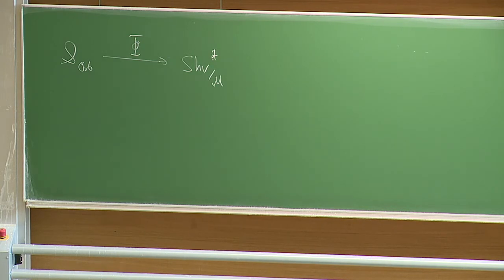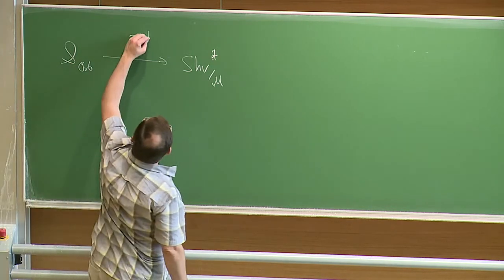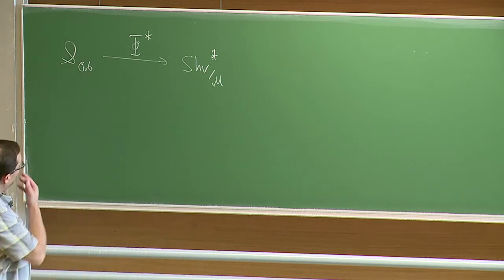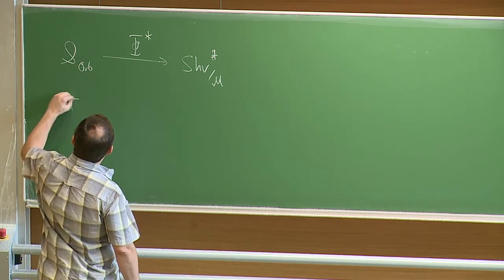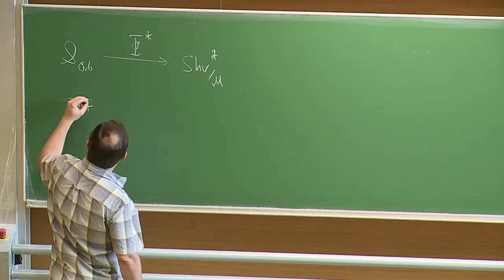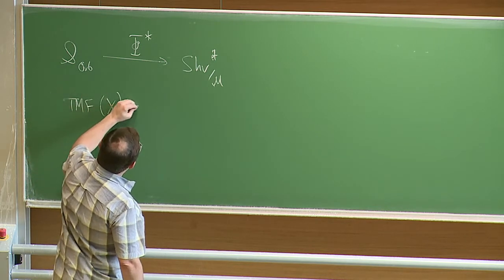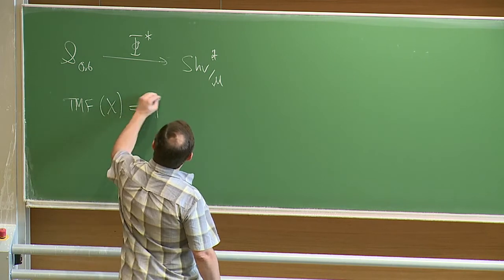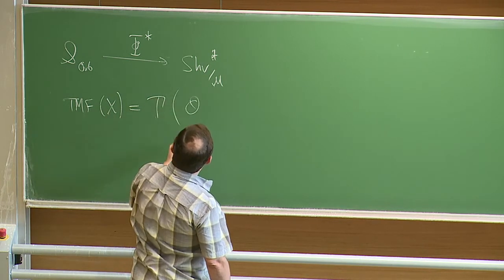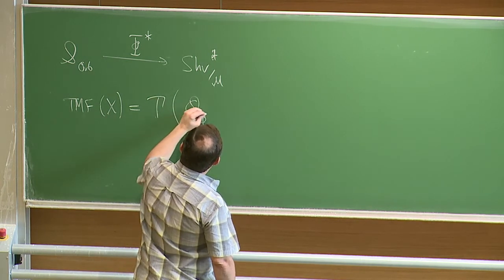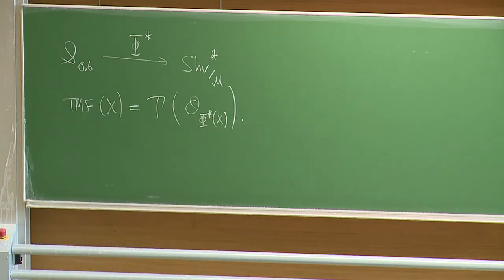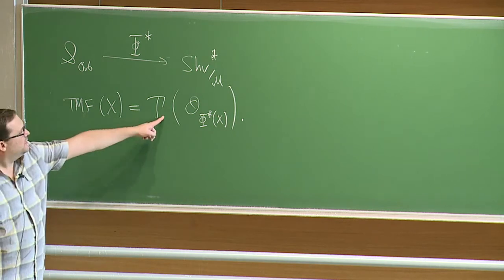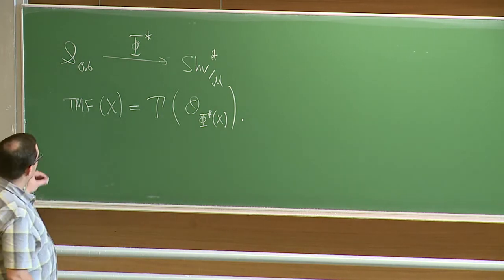Everything is derived here. And I want to know what happens. So TMF of X is going to be, by definition, the global sections of O of that. And again, we can use the descent spectral sequence to calculate this.